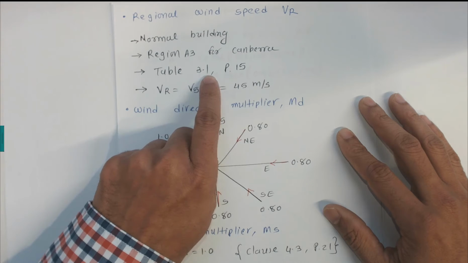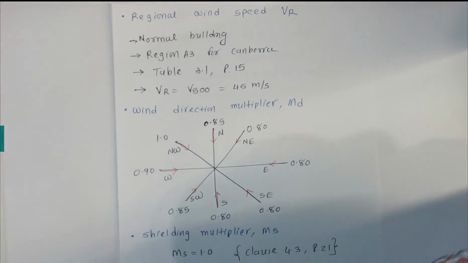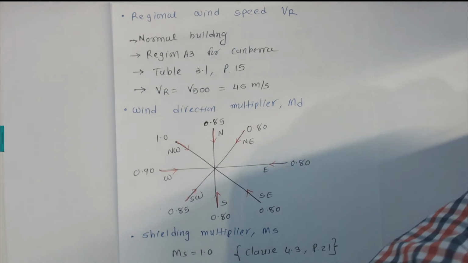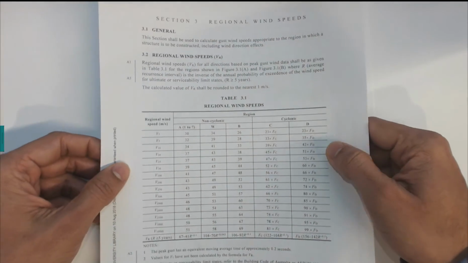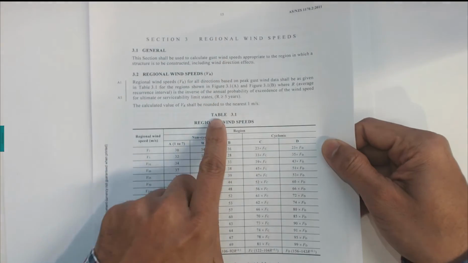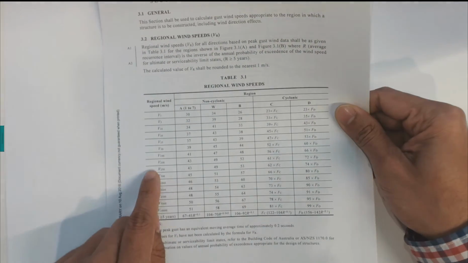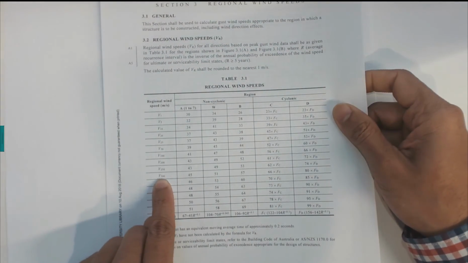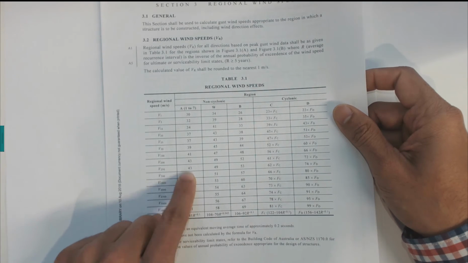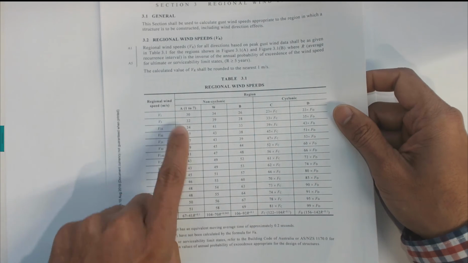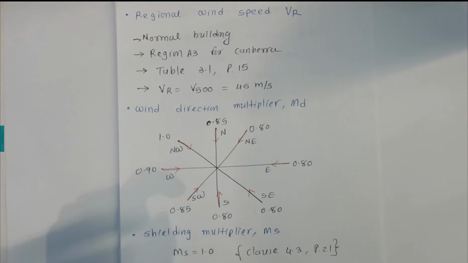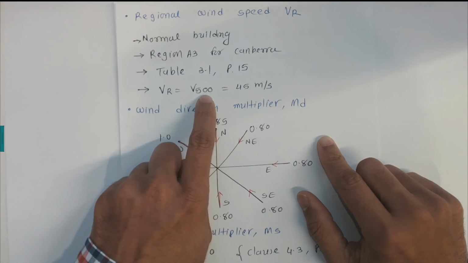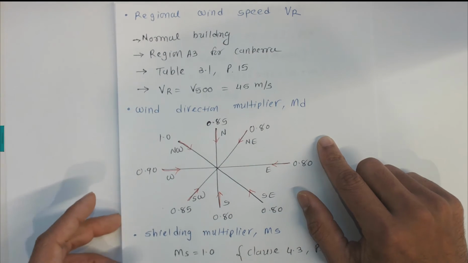From table 3.1 on page number 15, regional wind speed for the return interval of 500 years, we have 45 meters per second. The unit is meters per second. That's the value for regional wind speed. So VR is equal to 45 meters per second.